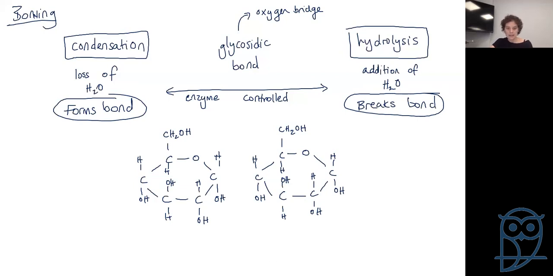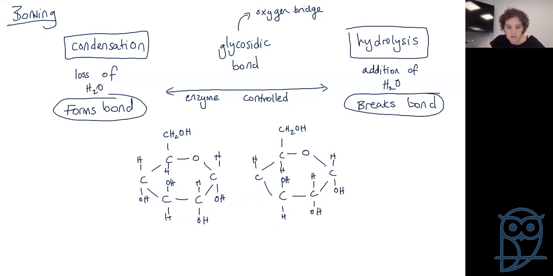So let us get another color for fun. We want to remove an H2O. See how these two OHs are lined up so nice and friendly next to each other. Wonderful thing about alpha glucose. I'm going to change this slightly because I want him to sit nicely.